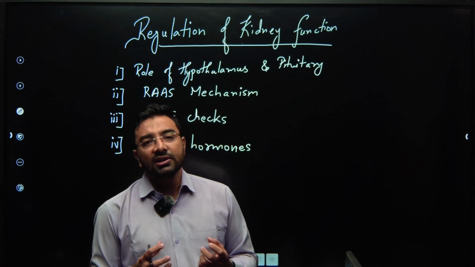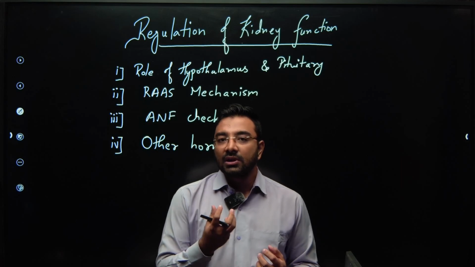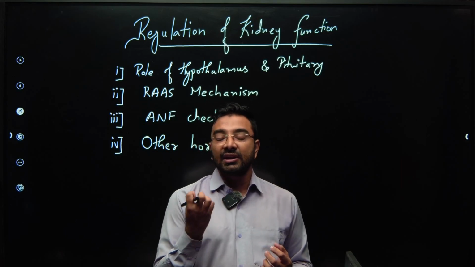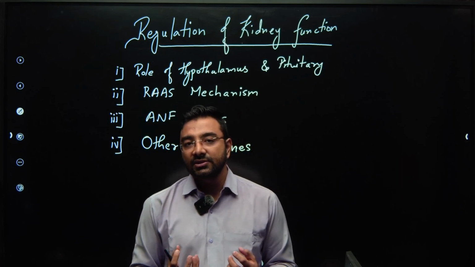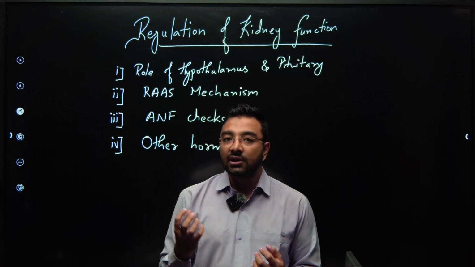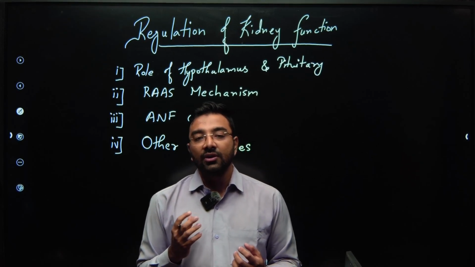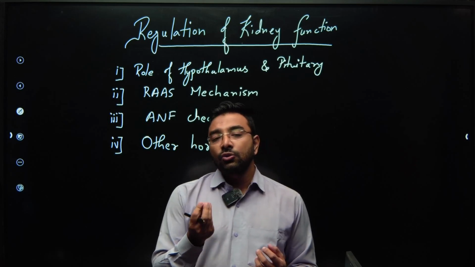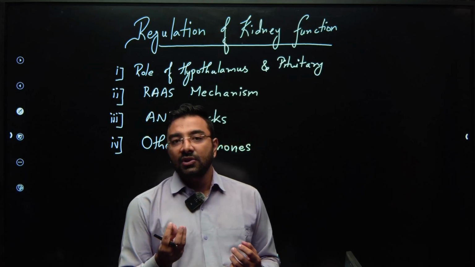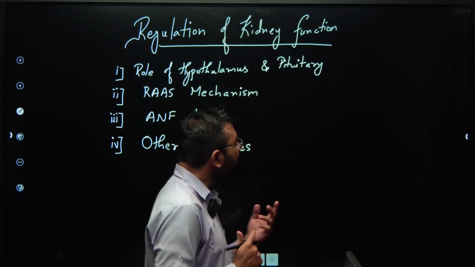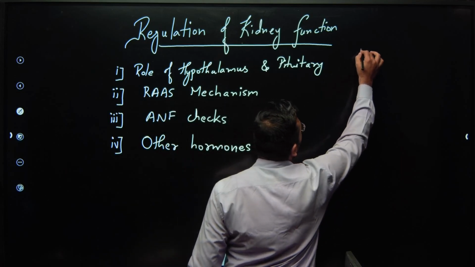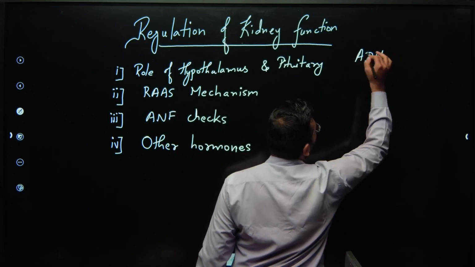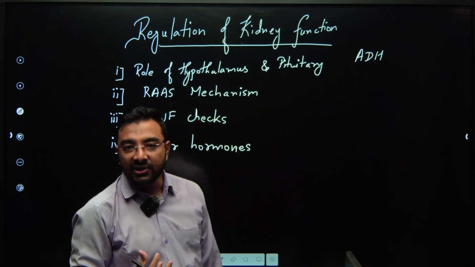Such cells are called osmoreceptors. These osmoreceptors get activated and send a stress signal to the hypothalamus, wherein the neurosecretory cells synthesize a hormone called antidiuretic hormone or ADH. It is also known as vasopressin.